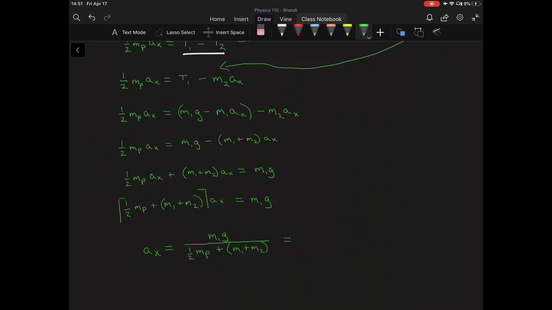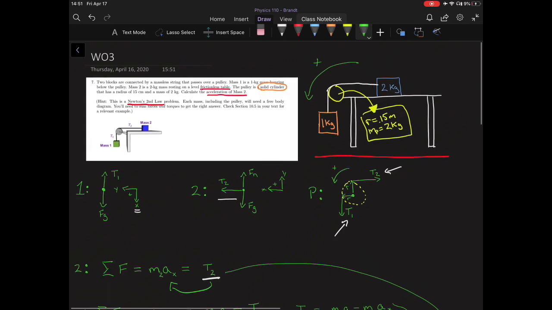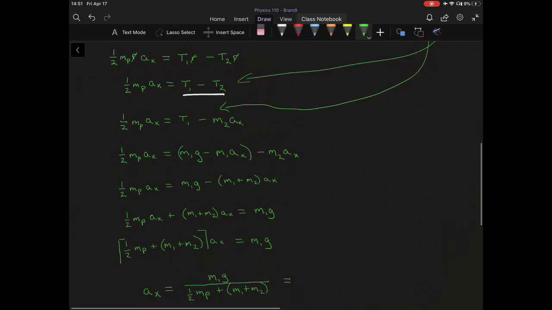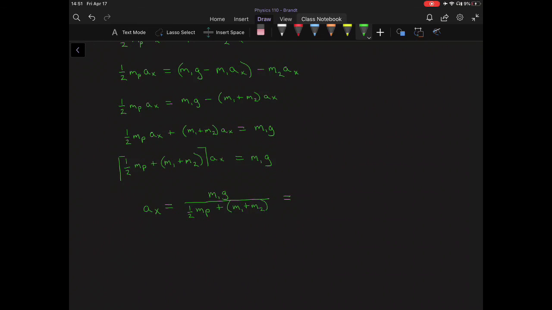So if we do that, mass 1, if we recall, was 1 kilogram, mass 2 is 2 kilograms, and the mass of the pulley is 2 kilograms. So this would be 1 kilogram times 9.8 meters per second squared, divided by 1/2 times 1 kilogram plus 2 kilograms plus 1 kilogram.